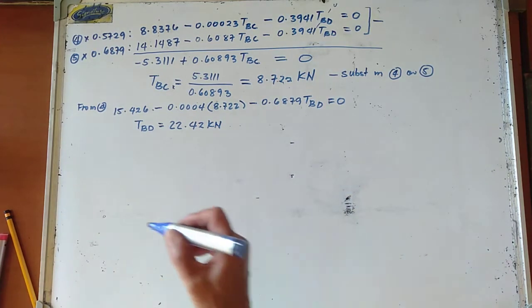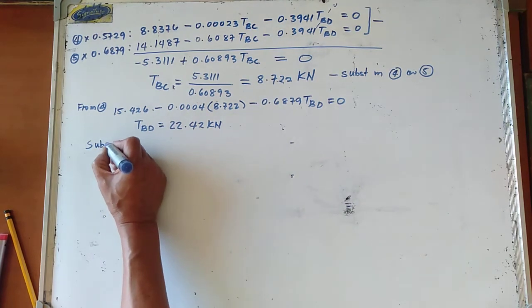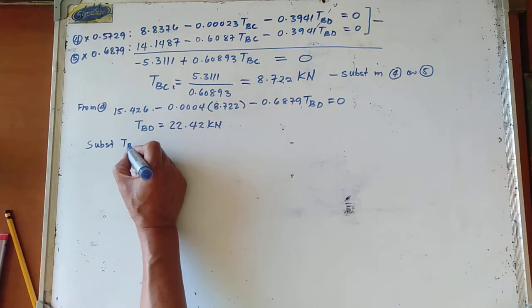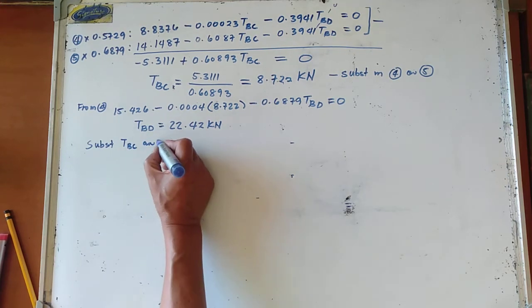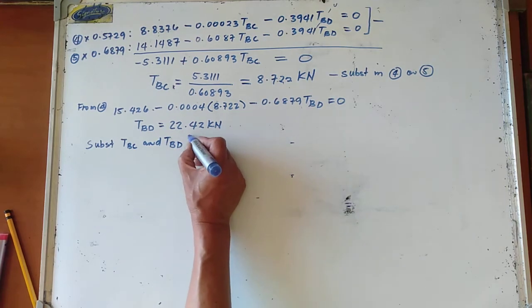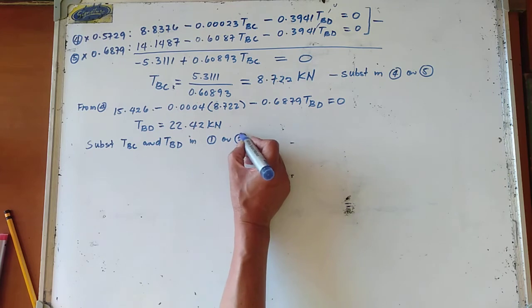Okay, now let us try to substitute T sub BC and T sub BD in either equation 1 or equation 2.